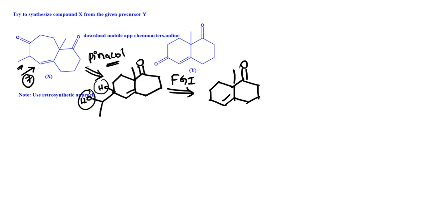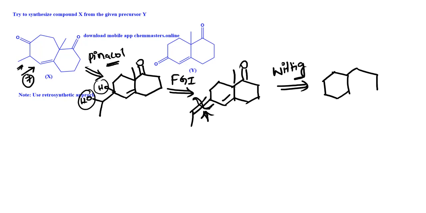Here the diol is converted to an alkene. In the next step, the famous reagent, the Wittig reagent, should be applied, so simply the cleavage takes place here.